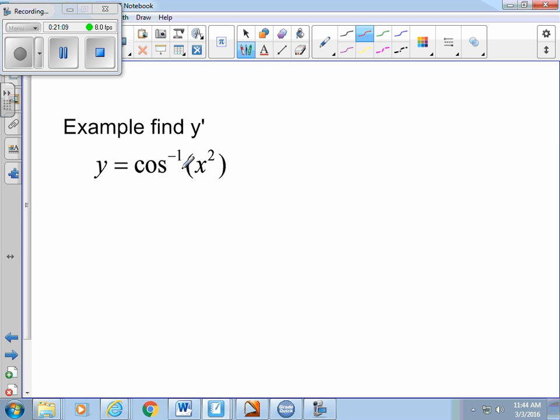What I mean by that is, could I rewrite this as what? Get rid of cosine inverse. How do you get rid of cosine inverse? Cosine of both sides. Would you agree? Cosine of y would equal x squared. That's what cosine inverse means. Can I take that derivative implicitly? Yes.